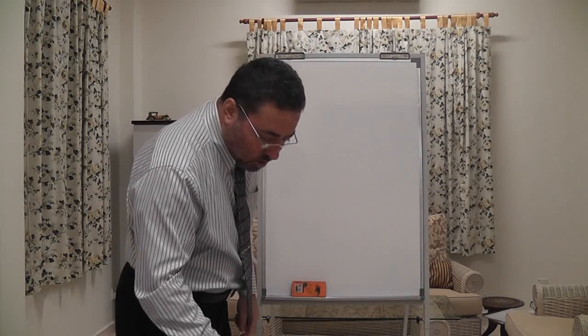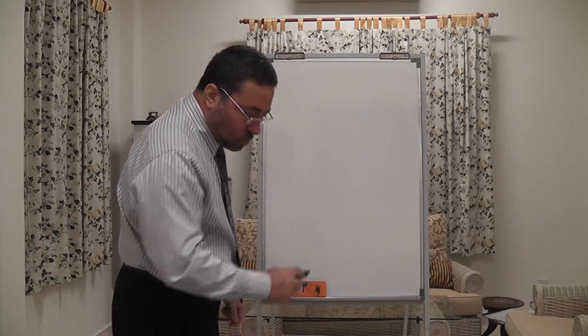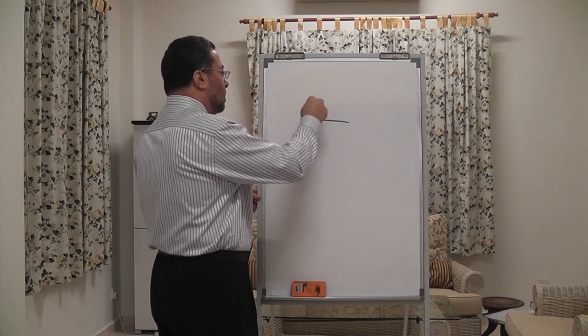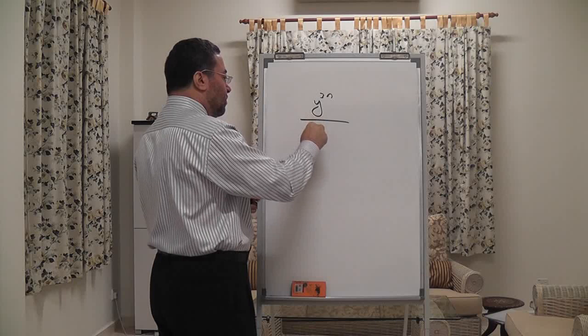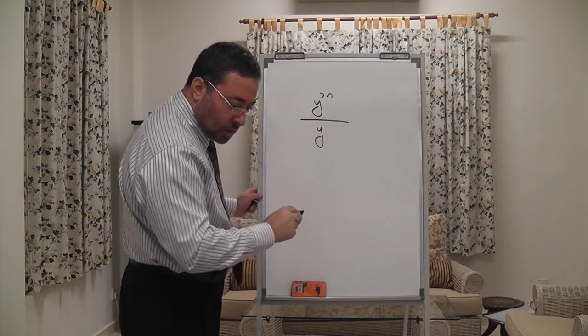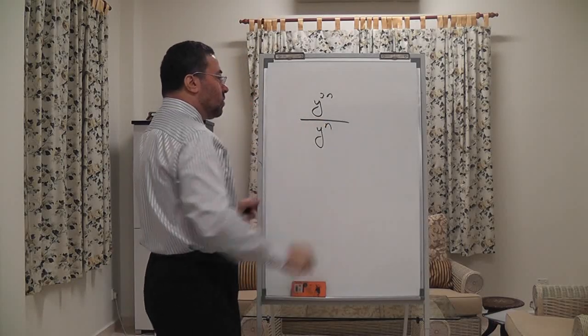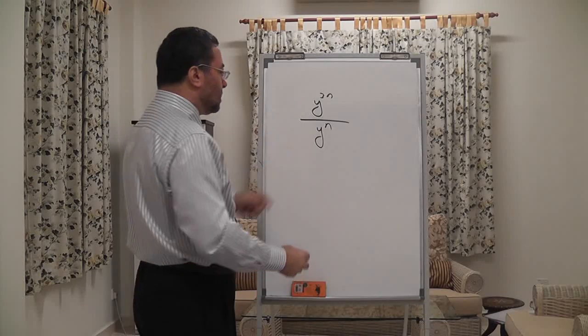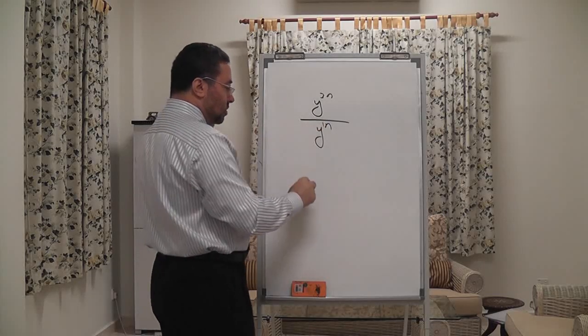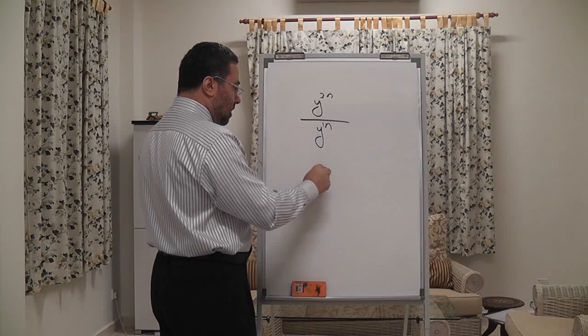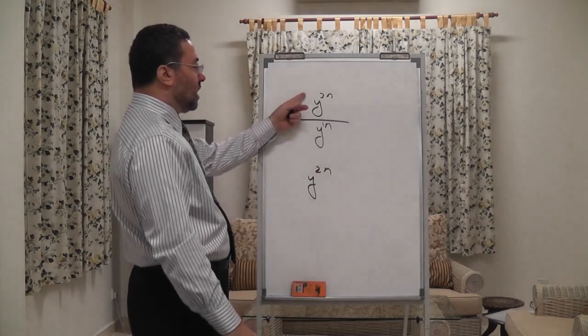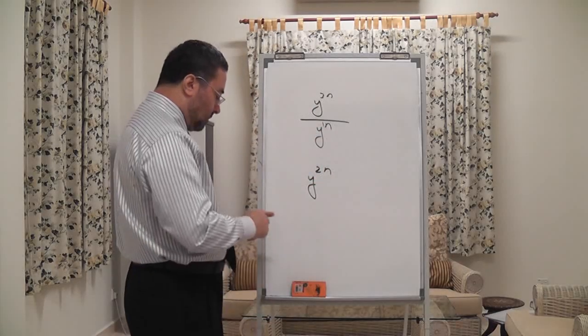Next is number 29, y raised to 3n over y raised to n. We apply the rule, we minus the powers. Here 1n, so we get y raised to 2n. 3n minus 1n is 2n.